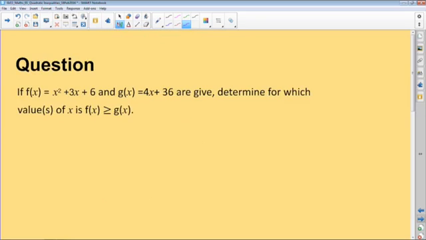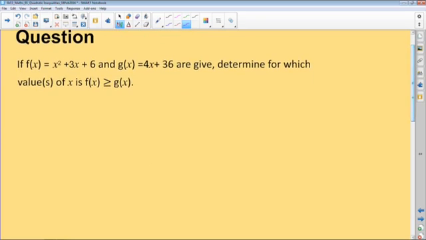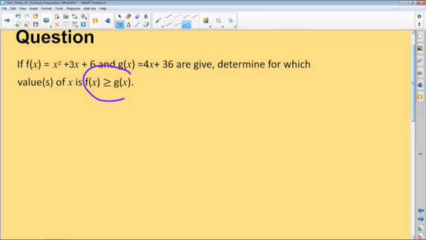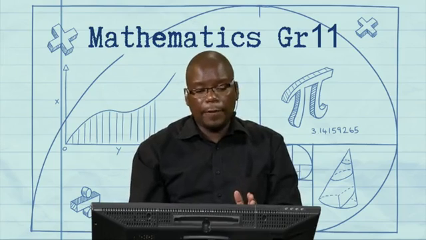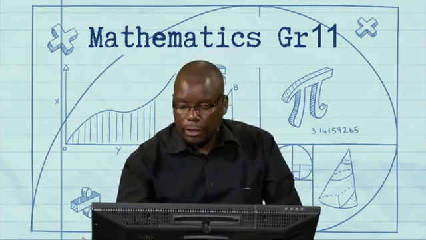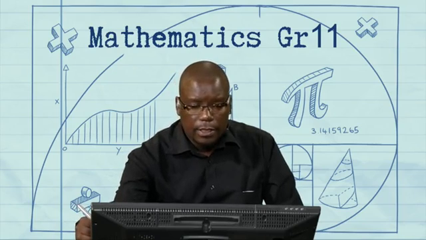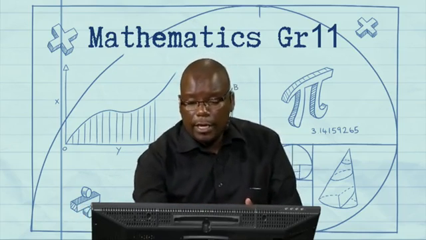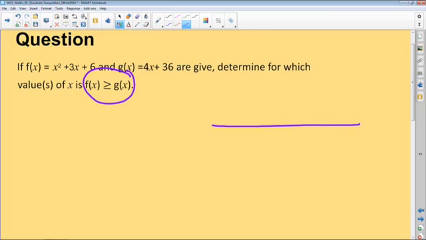Right. Now, one of the interesting problems when working with inequalities, guys, you might be given a parabola and a straight line, and you are now asked to work out where is your f of x greater or equal to g of x. What does that mean, okay? Where is f of x above the g of x, okay? Now, these are the two graphs, but what I suggest is you work out, let's say for instance, you draw your graph, right?